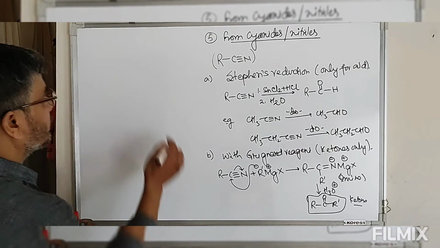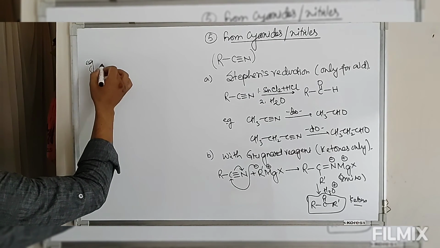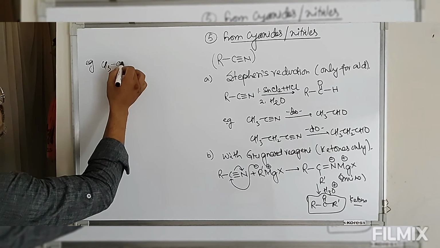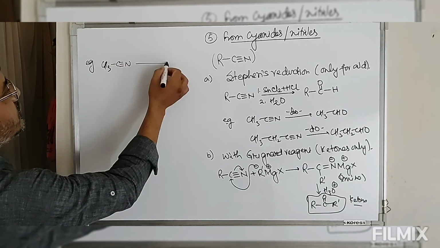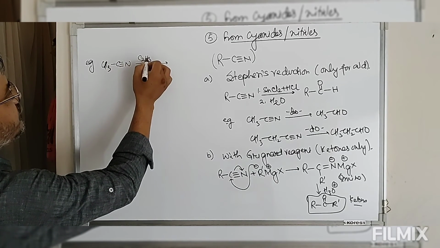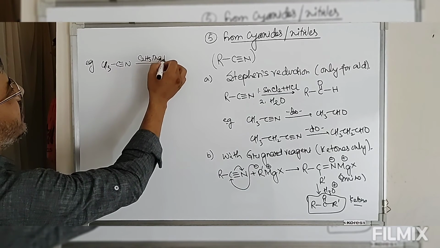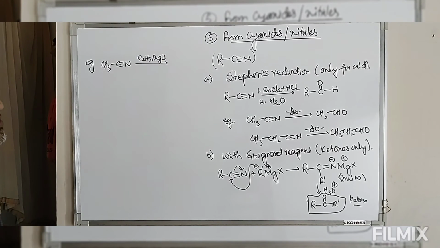Now let's take an example here. We have CH3C≡N. Suppose this is made to react with C2H5MgI, ethyl magnesium iodide.